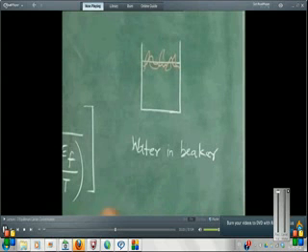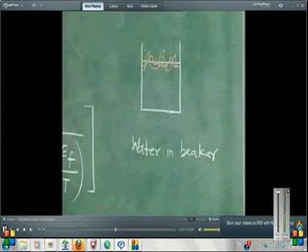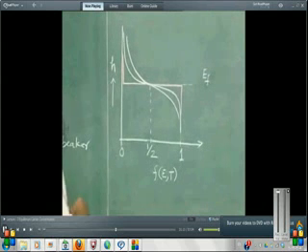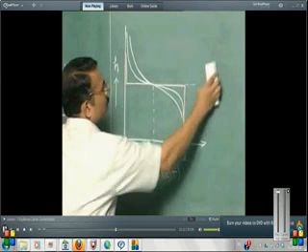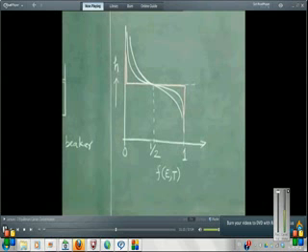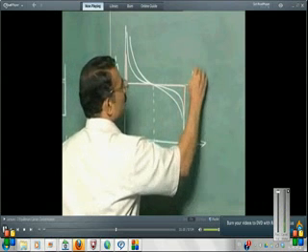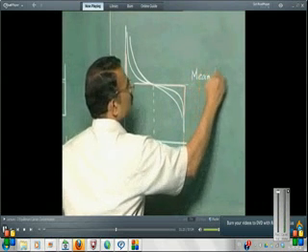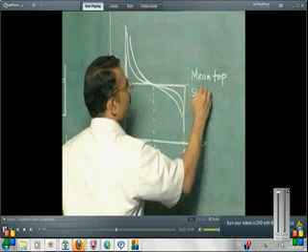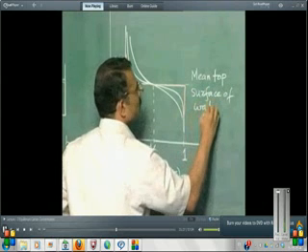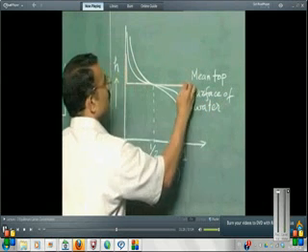If I were to now plot, I replace this energy by height. And instead of the Fermi level, I call this as mean top surface of the liquid. Mean top surface of water, this location.